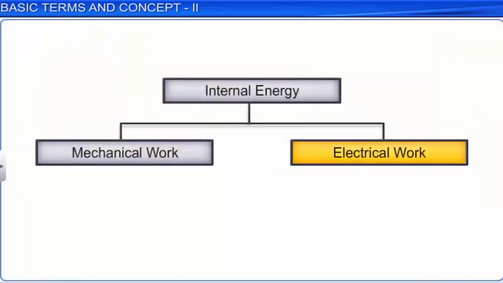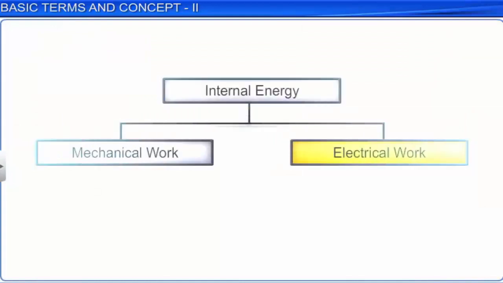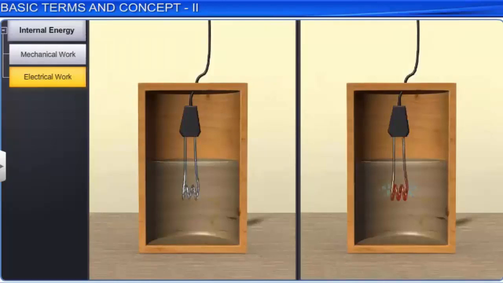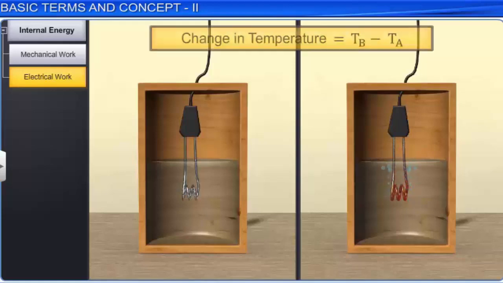In the second method, internal energy can be increased by the same amount by doing electrical work. In this, an immersion rod is kept in water and the temperature before and after is measured. We find the change in temperature as Tb minus Ta.